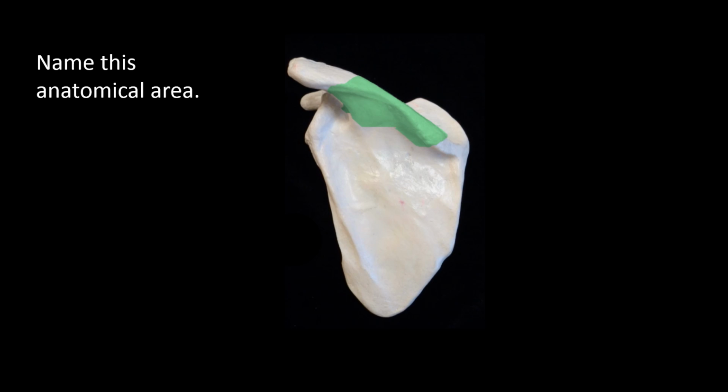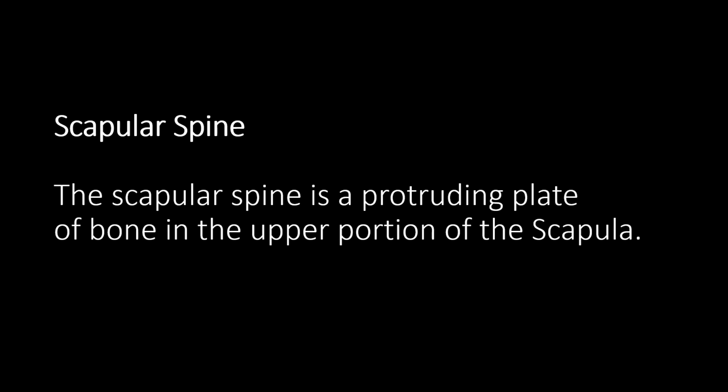Name this anatomical area. Scapular spine. The scapular spine is a protruding plate of bone in the upper portion of the scapula.